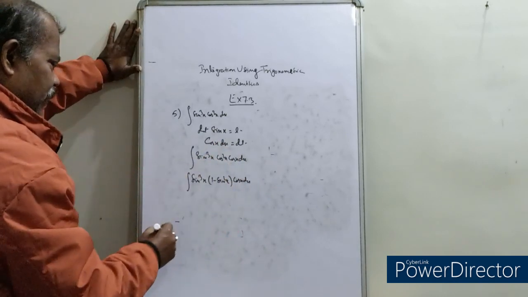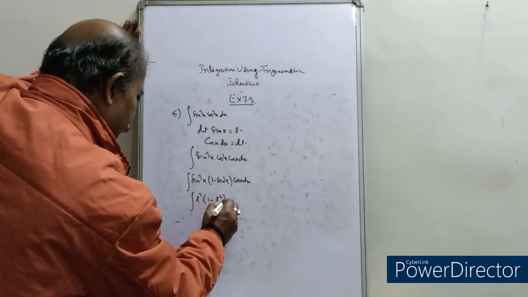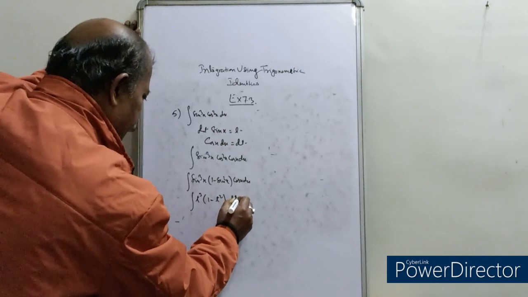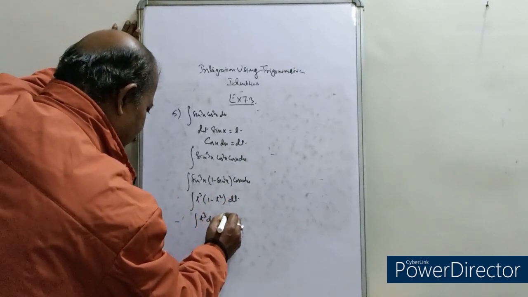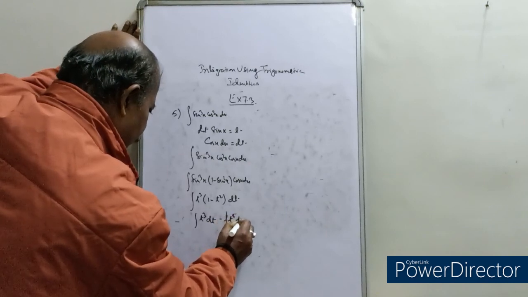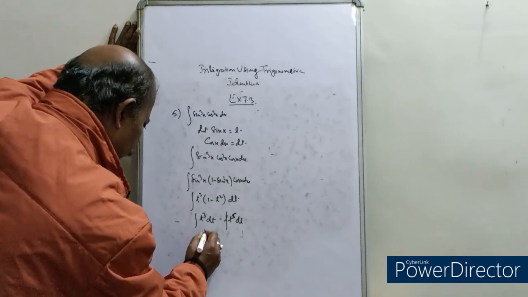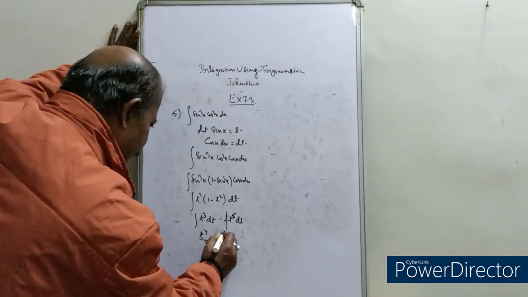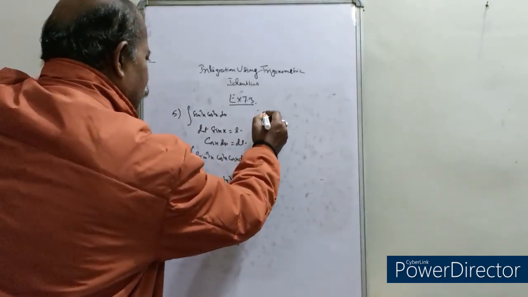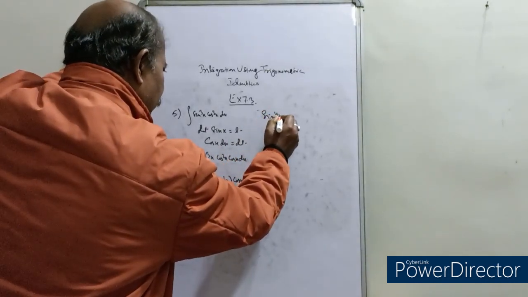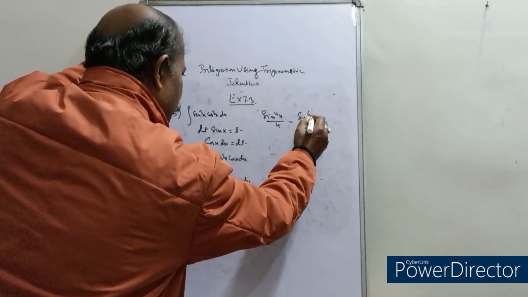So this becomes t cube, 1 minus t square, and dt. So this becomes t cube dt minus t5 dt. So this becomes t4 by 4 minus t6 by 6 plus c. Now if we place the value, it comes out to be sin 4x by 4 minus sin 6x by 6 plus c.